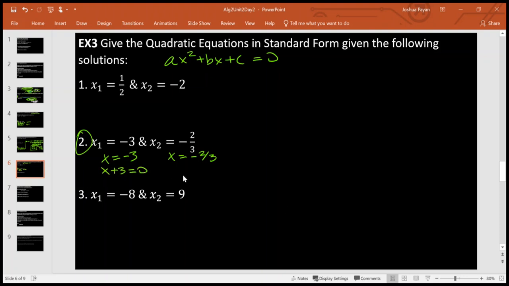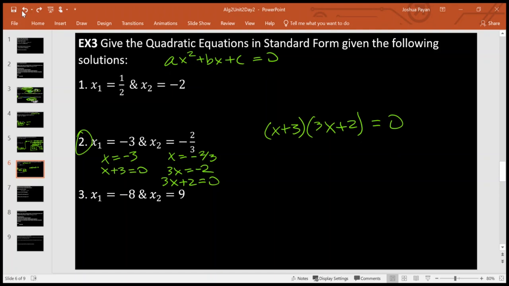Now we have x plus 3 is 0, which means one of my binomial factors is going to be x plus 3. And over here, I'm going to multiply both sides by 3 so that I don't have a fraction anymore. So 3x equals -2. Then add 2, 3x plus 2 equals 0. And I know the other binomial factor is going to be 3x plus 2. And we have that set equal to 0.